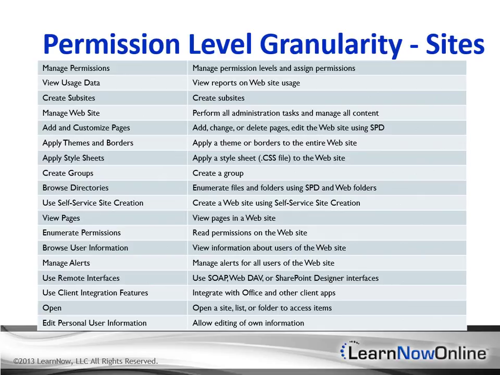There are lots of individual site level permissions, and these are typically grouped into a higher level, like the role definition, such as manage, full control, or contribute. That groups all these basic, granular items into something a little bit easier to digest.